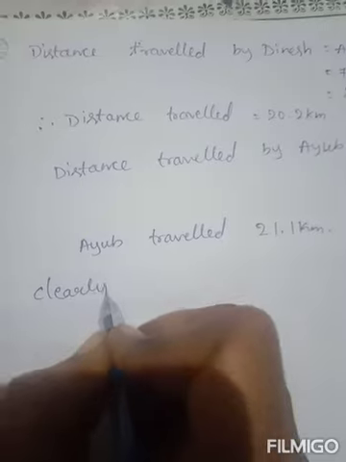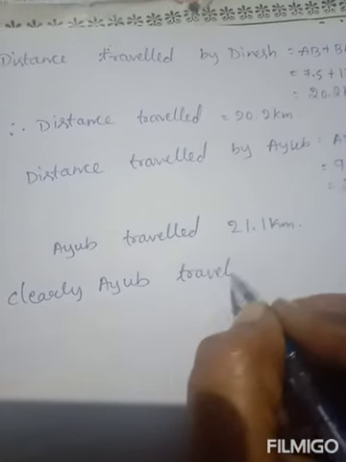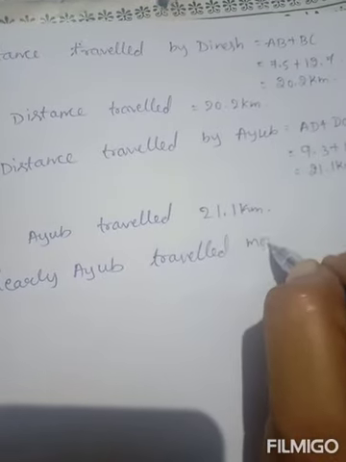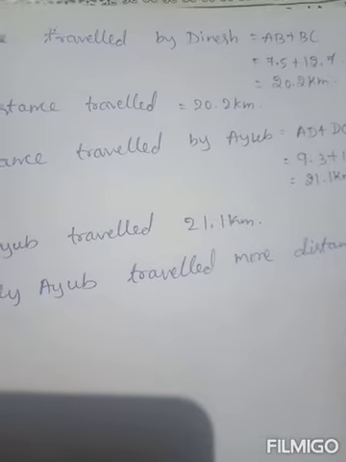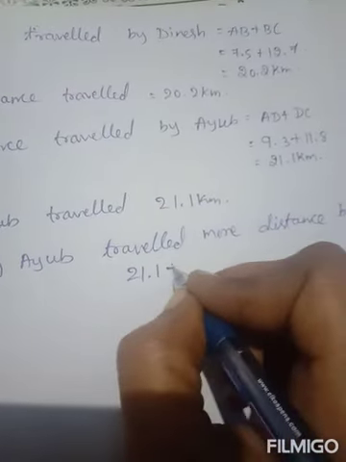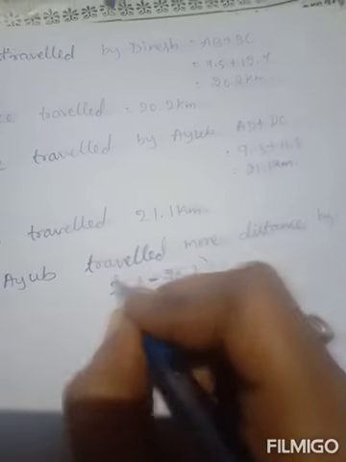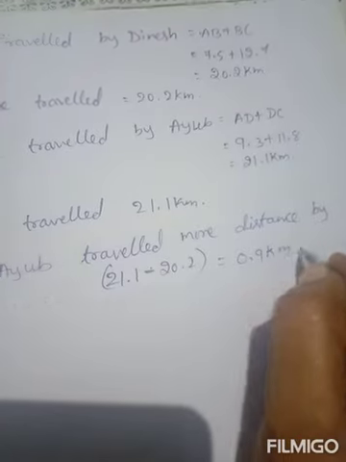Clearly, Ayub traveled more distance by 21.1 minus 20.2, which is equal to 0.9 kilometer.